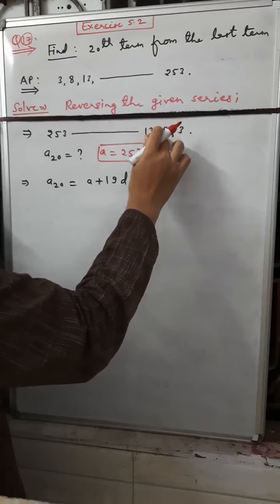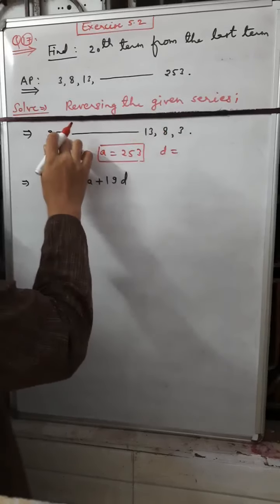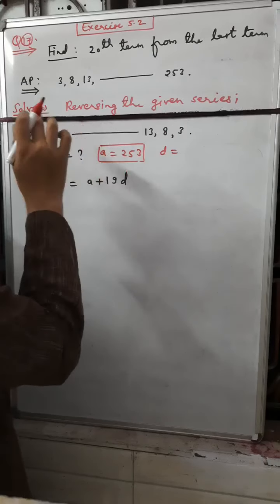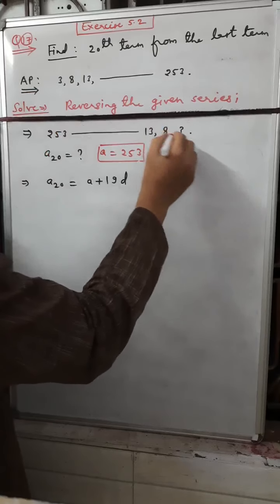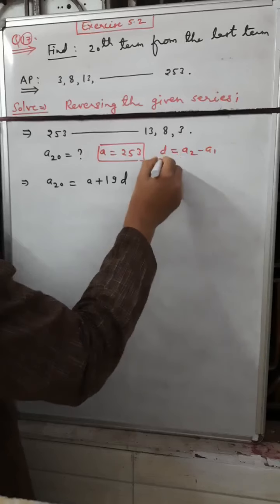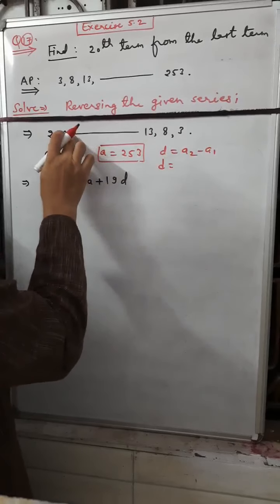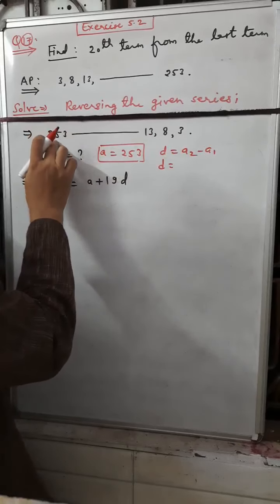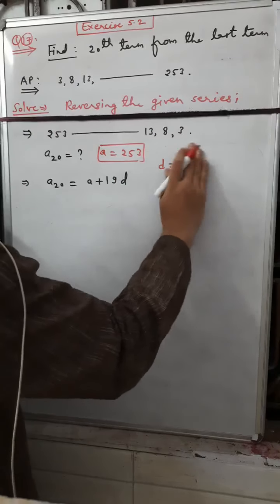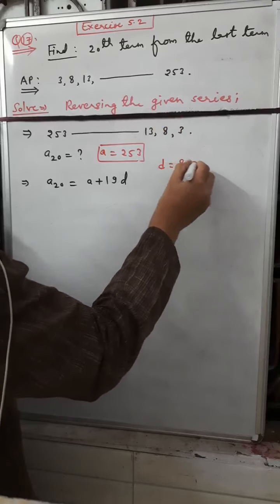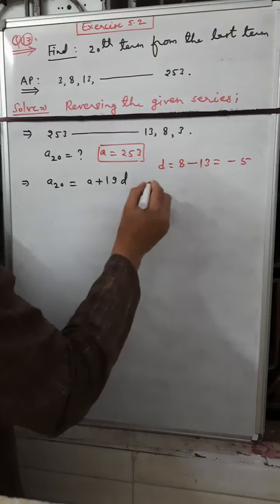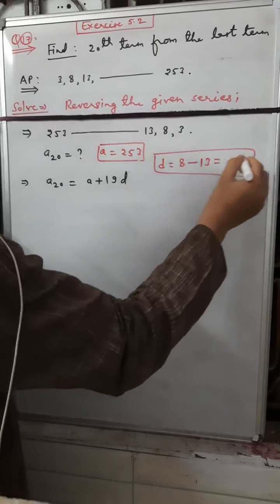We can calculate 8 minus 13, because there is no other term after 253. We know the formula A2 minus A1, but that is not applicable here, so we write 8 minus 13, which means minus 5. So we get the value of D is equal to minus 5.